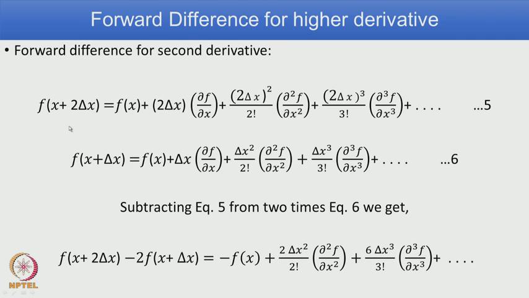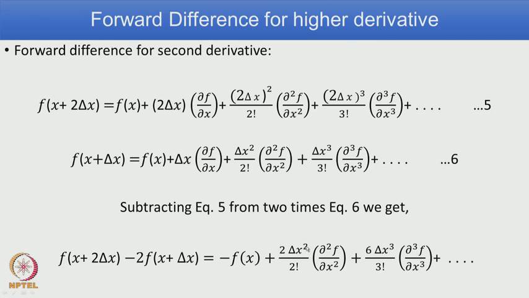So, we get f(x+2Δx) minus 2 times f(x+Δx), then some of the terms will get cancelled. Now, you see here only the second derivative term, that is ∂²f/∂x². We are again interested only in the second derivative. So, we retain that on one side and bring all other terms to the other side. Again, we have written here up to the next term only, all other terms are not written here.